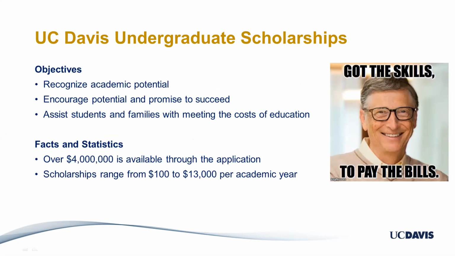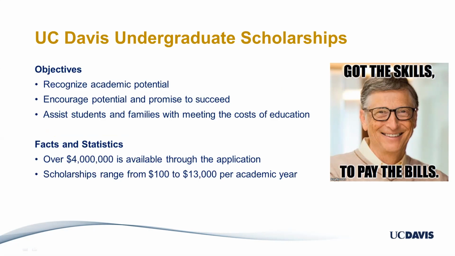Okay, so all of the awards, like I mentioned, are merit-based, so we're really trying just to recognize your academic achievements and encourage you to continue down the path that you're going down right now. Scholarships, of course, can help you with the cost of attending UC Davis. They can also help reduce the amount of loans that you're having to take out. And as you can see, we are awarding a lot of money.